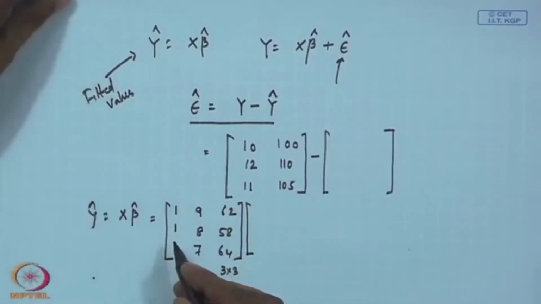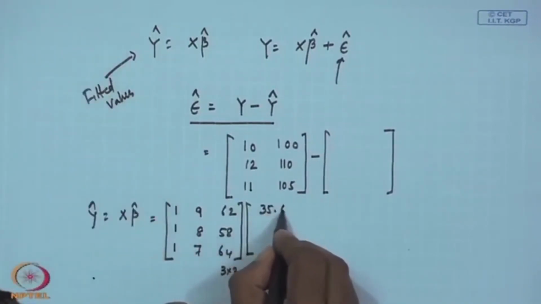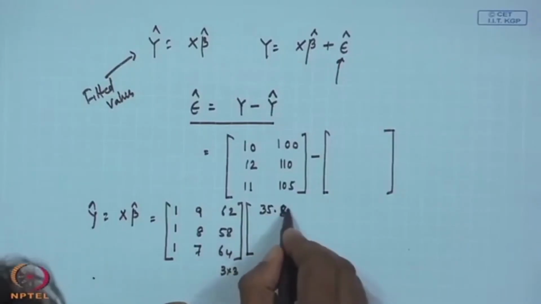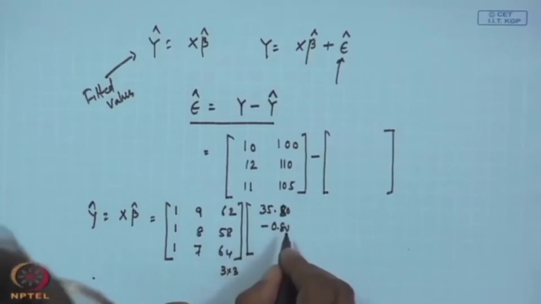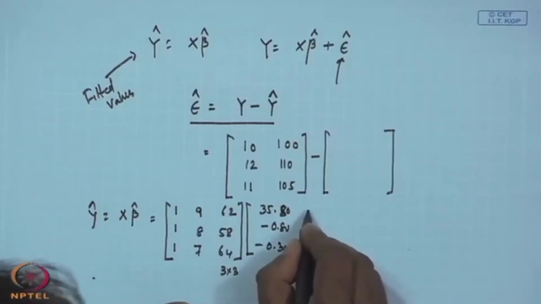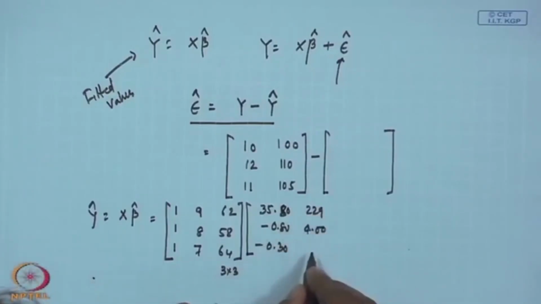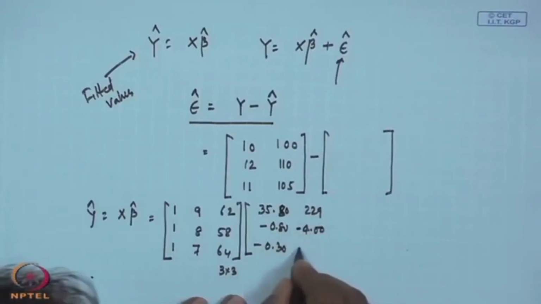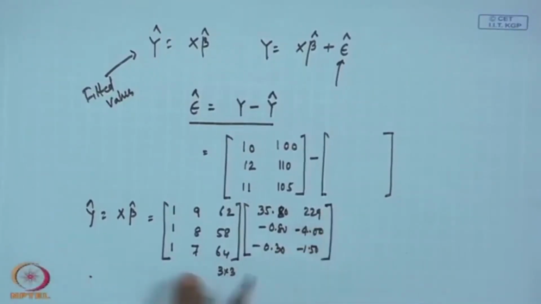Beta cap we found out, I think, 35.80, minus 0.80, minus 0.30, then 229, 4.00, and minus 1.50. So this is your x beta.